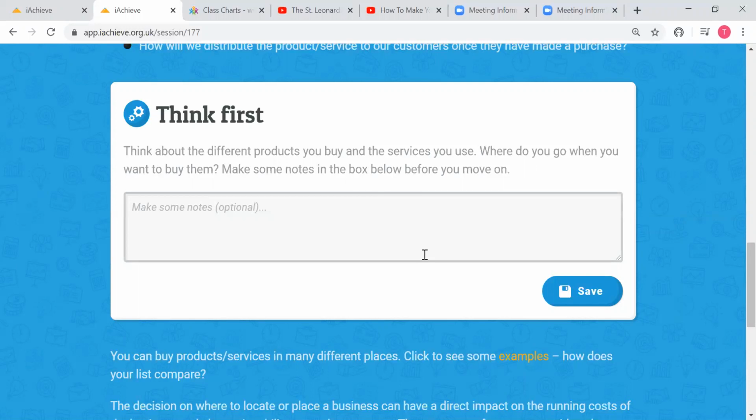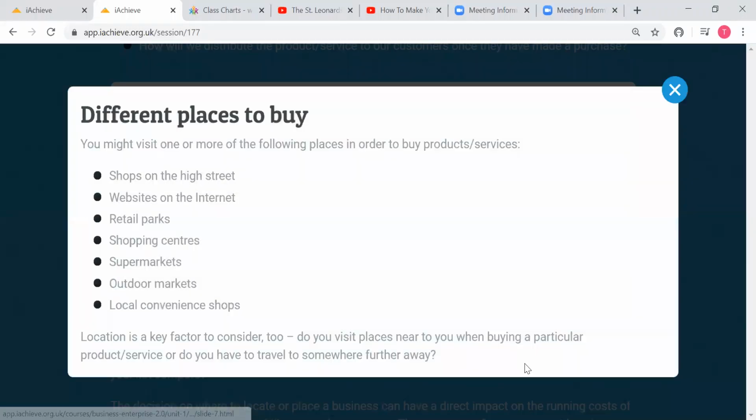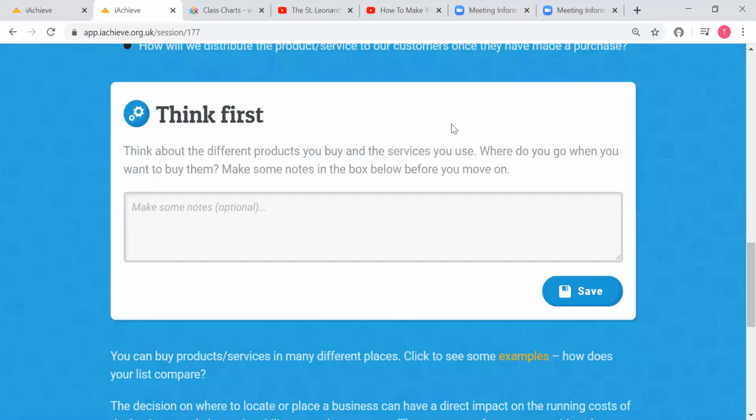Some examples that the application came up with were as follows: shops on the high street, websites on the internet, retail parks, shopping centers, supermarkets, outdoor markets, local convenience shops. What other places did you come up with? I'm suspecting they had a lot to do with e-commerce and m-commerce that we will be talking about shortly.